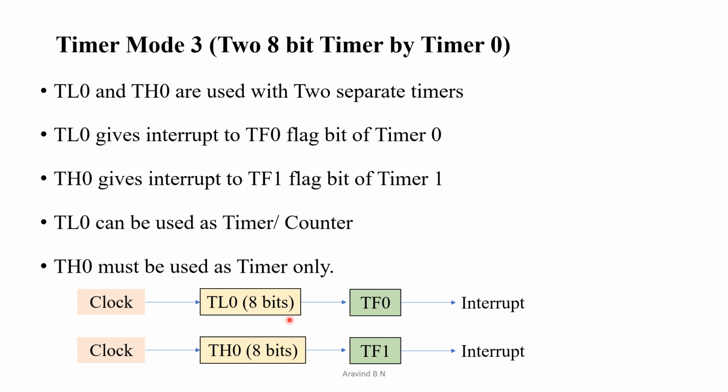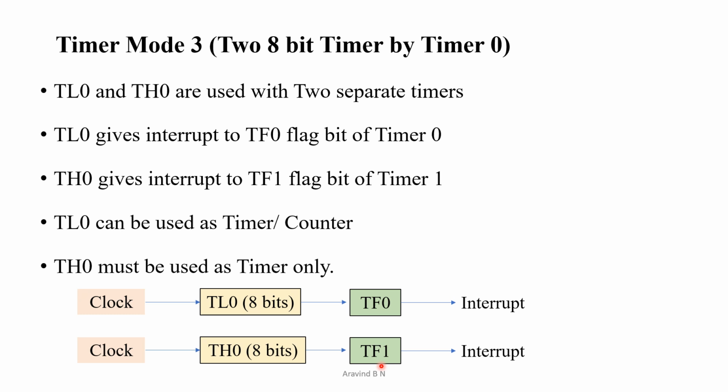Whenever there is a rollover in the TL, then it is going to set the TF0. Then clock will be given to the TH0. Again, this is a typical 8-bit. So whenever TH0 overflows, it is going to set the TF1 of the TCON.